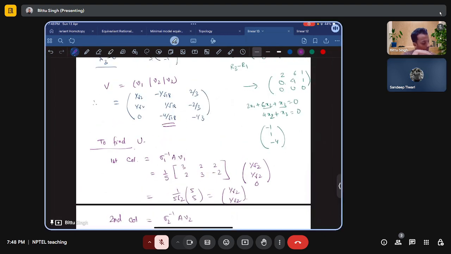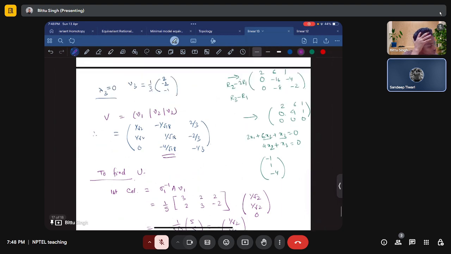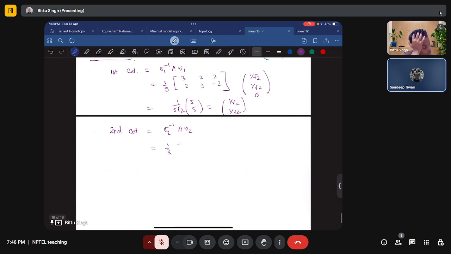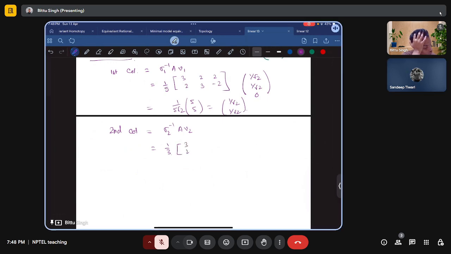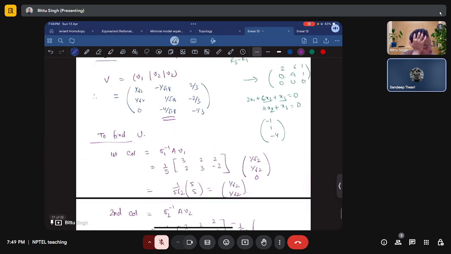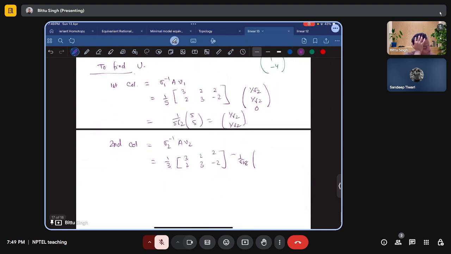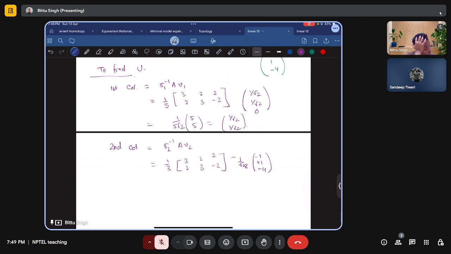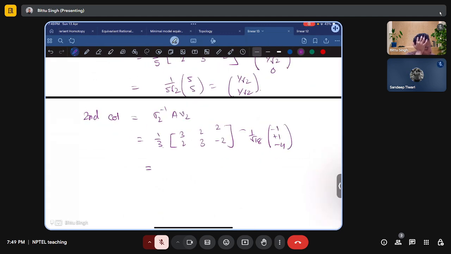So we multiply A with minus 1, 1, minus 4 and see what happens.